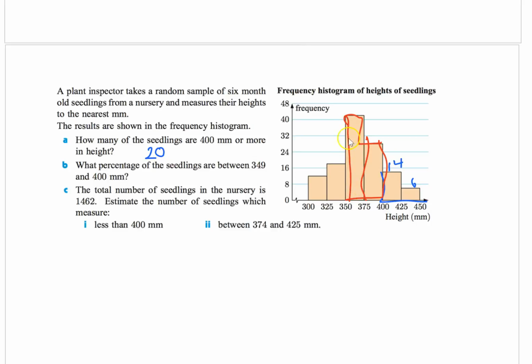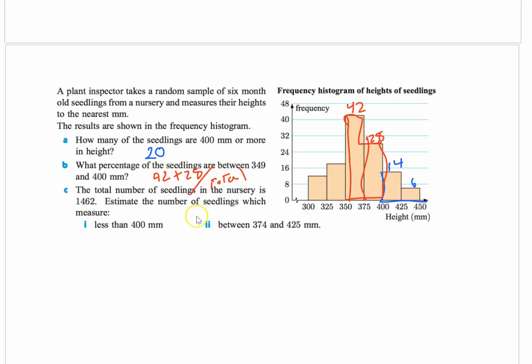So again, you have to estimate it. This looks like it might be around 42. This one looks like, let's say 28. So you're going to get 42 plus 28. And then again, it wants a percentage, so I have to divide by the total. I'm not actually sure what the total is. I have to add them all up, and I'm too lazy. So let's just put total. Right, because they want a percentage.